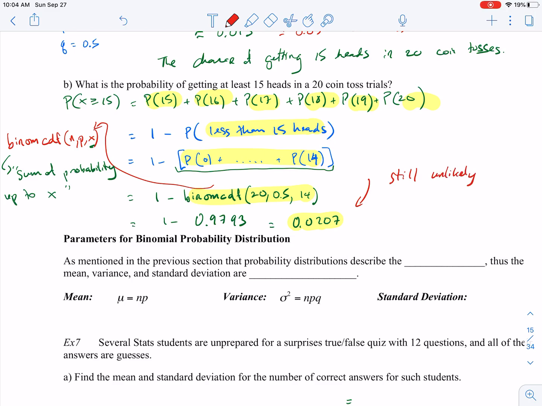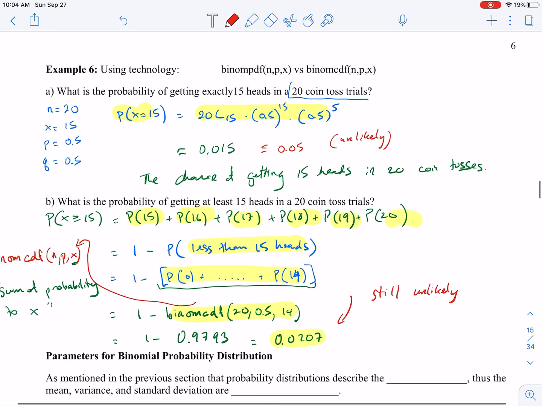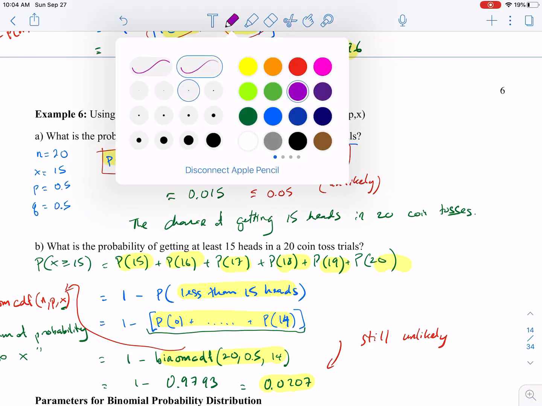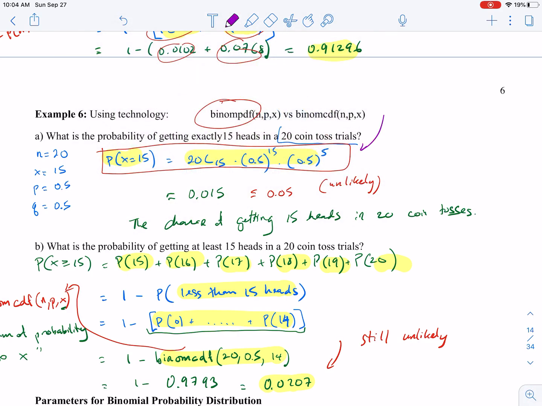Okay. So that's using binom CDF, and I'm going to show you how to do part A here using binom PDF. Okay, so we use technology. We want to say this here can be done using binom PDF, binomial probability distribution frequency.